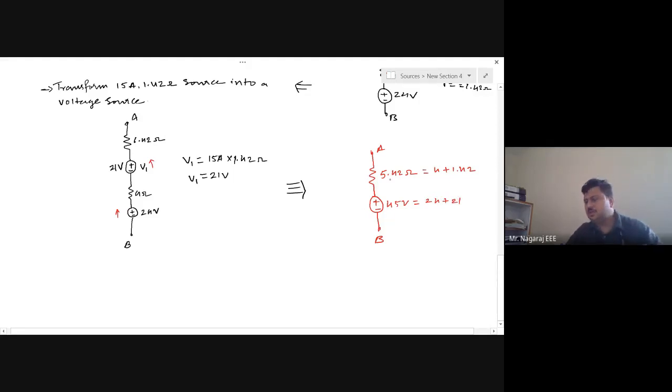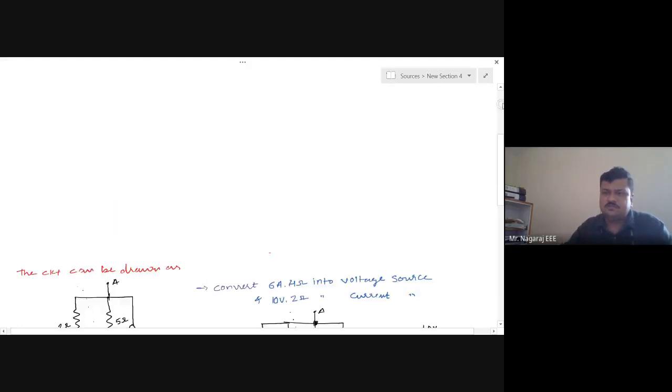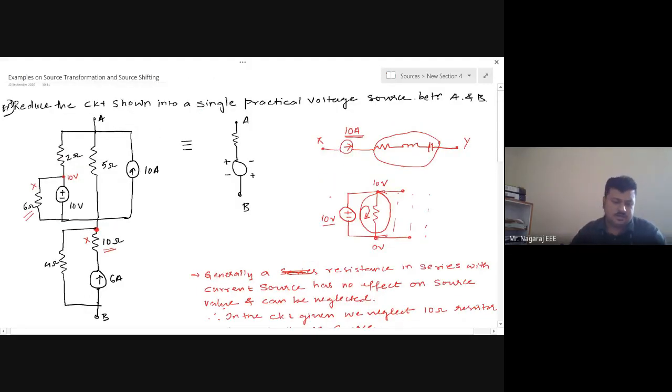So this is the practical voltage source between terminals A and B, for the circuit shown in the diagram at the beginning.